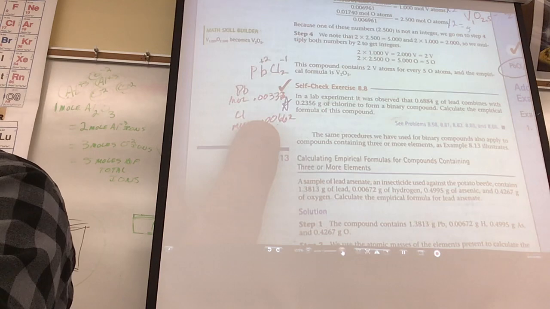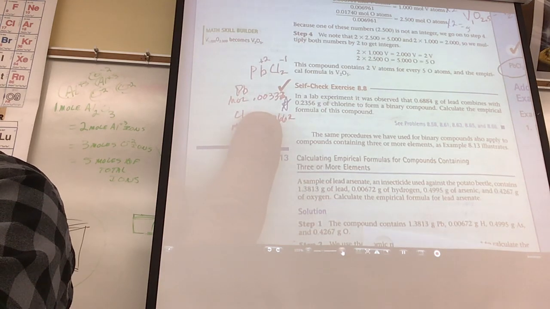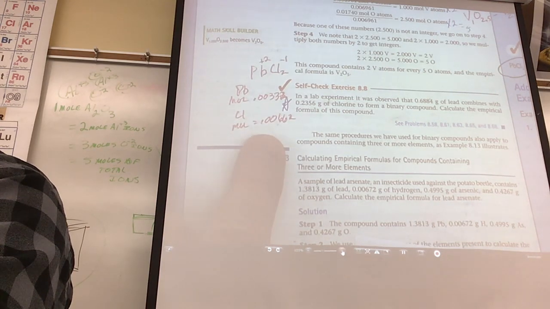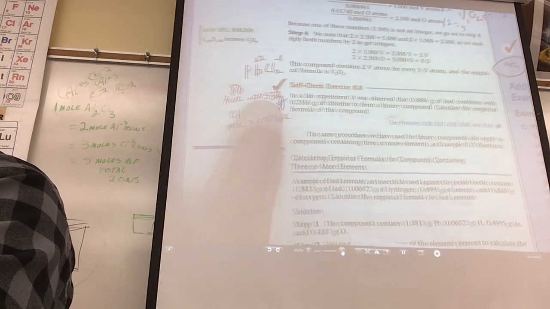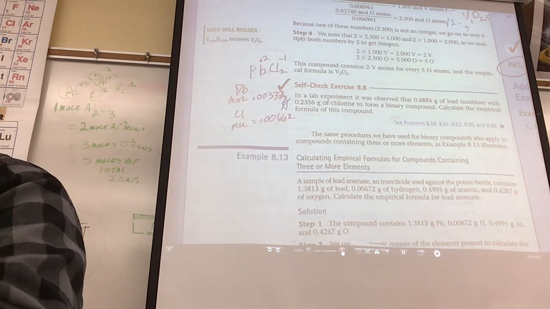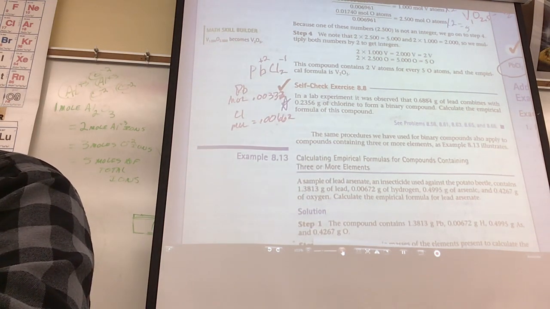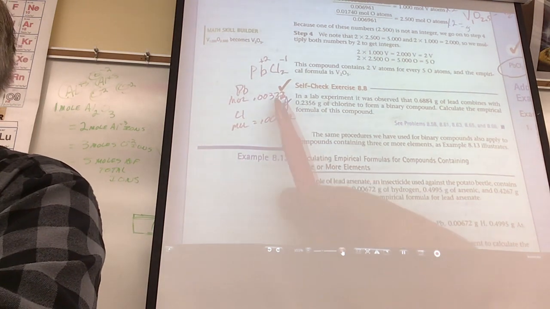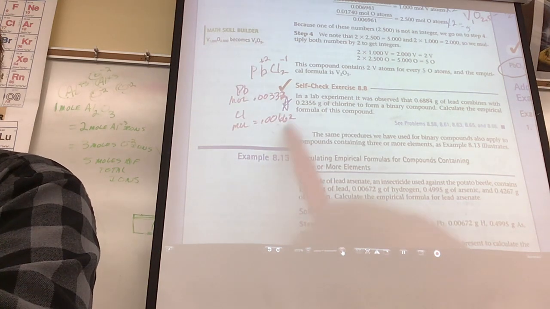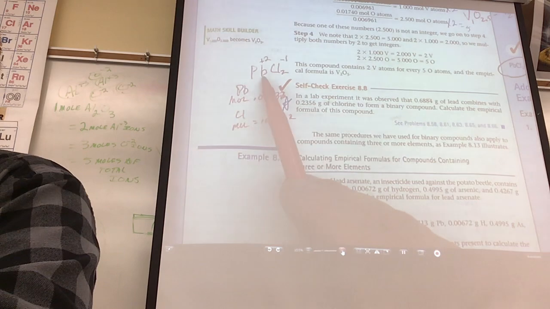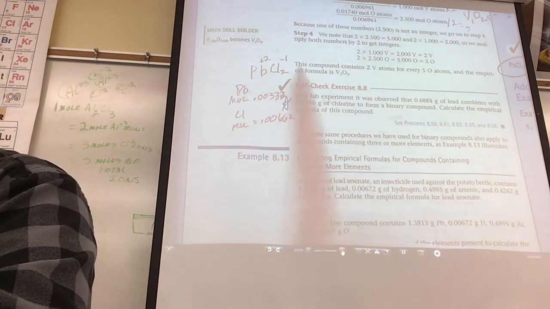Did you get 0.00332 moles of lead? Yes. Did you get 0.00662 moles of chlorine? Yes. Okay, so then take the smaller of the 2 numbers and divide both of them by the smaller of the 2 numbers. And so this divided by itself is going to be 1, and this is going to come out to be 2. And that means that for every 1 lead, you get 2 chlorines. Okay?